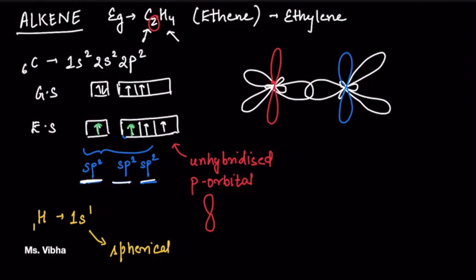Now we see that we have unpaired electrons in sp2 as well as the unhybridized p orbital, so we'll make 1 electron here. Remember that you have 4 electrons here, so 3 I have made, this is the 4th one for 1 carbon. In the same way, I will be making 4 unpaired electrons here.